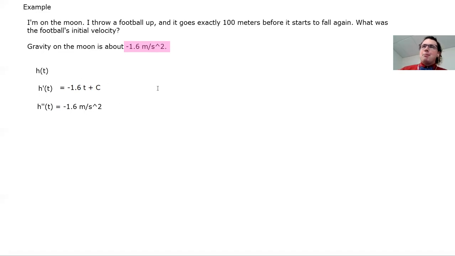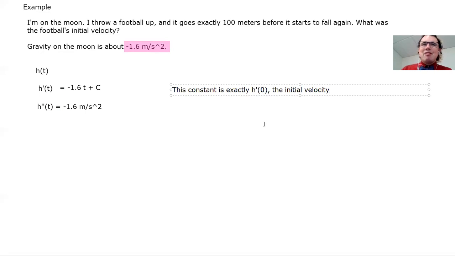For right now, it's just some number that I'm calling c. This constant is exactly h prime of 0, the initial velocity.